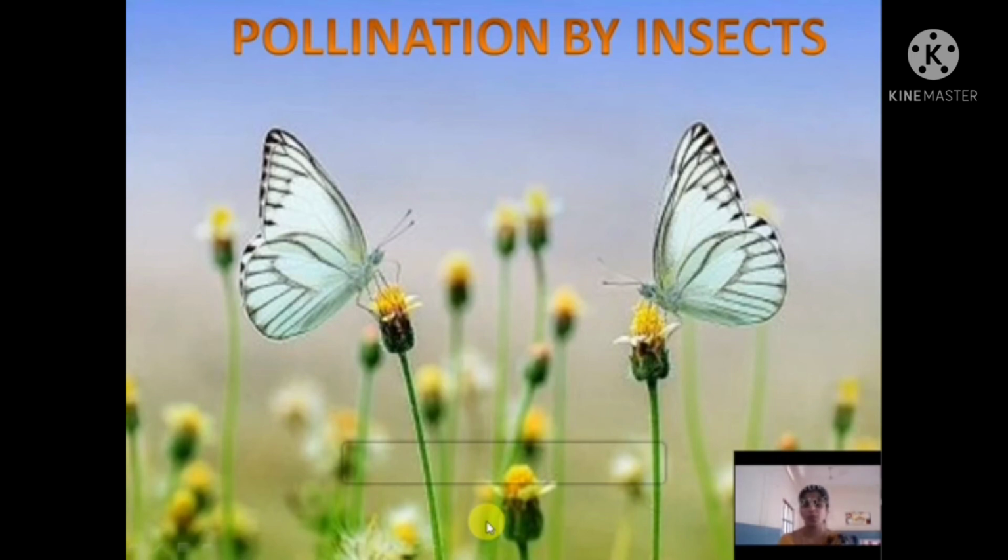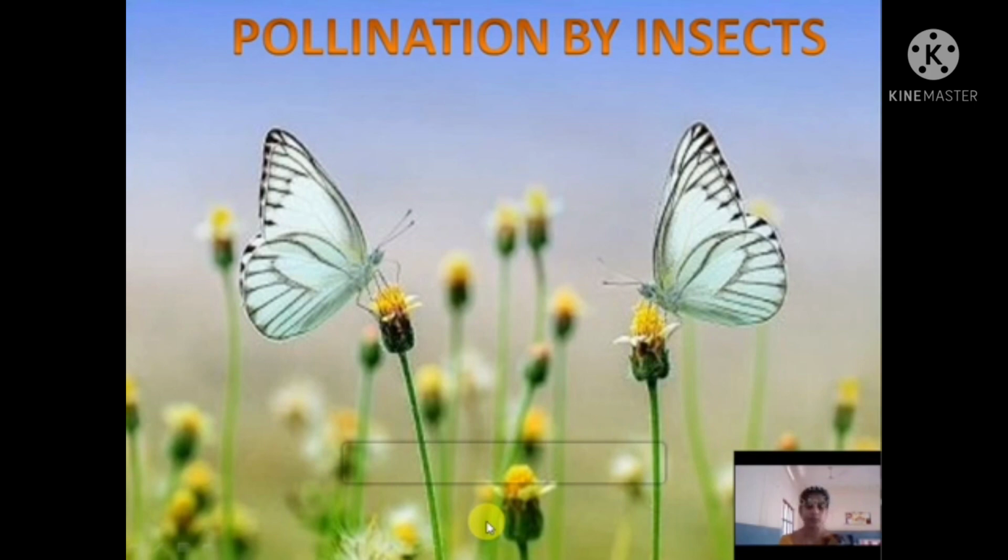Mostly all the insect pollinated flowers have a sweet smell, produce nectar and have bright colored petals. It attracts the insects. And the pollen grains of most of these flowers are sticky. Why are they sticky? Then only when the insect visits the flower, it will stick on their body. Okay. So these are the characteristics of insect pollinated flowers.